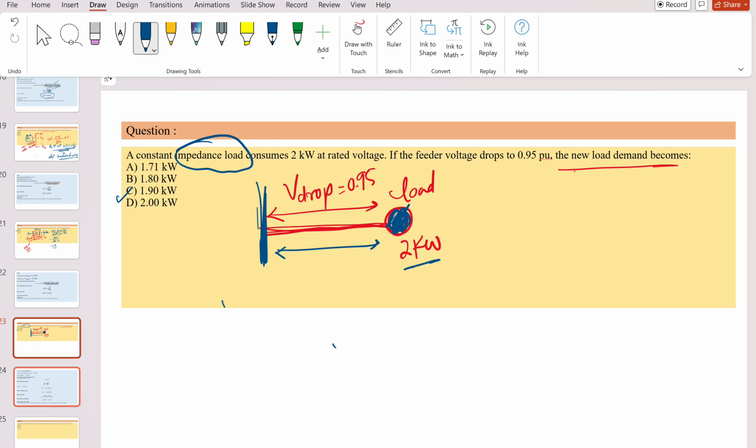Just read the problem and try to solve. If you're not getting the correct answer, that is also fine, there is no issue in that. You should thoroughly understand the problem, so try to read it. I'm here to solve that and explain the concept.